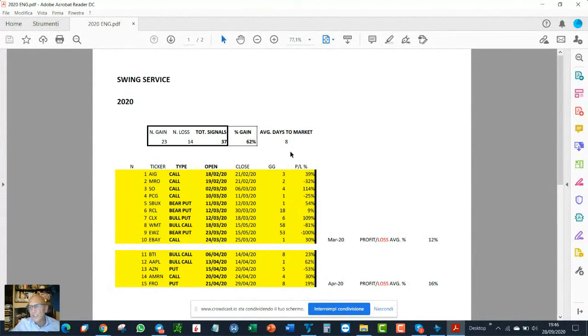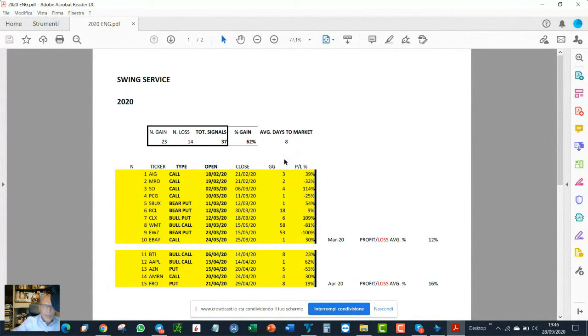So as you can see, it's not a long time. We don't stay in the market for a long time. Well, there are some trades that require more time, like 12, 15, even 20 days, but the majority require less than 10 days, okay?